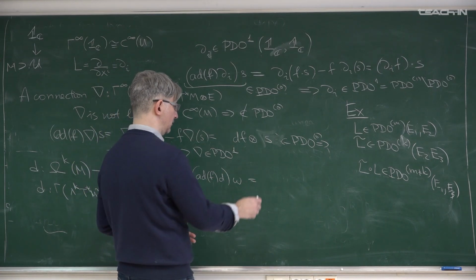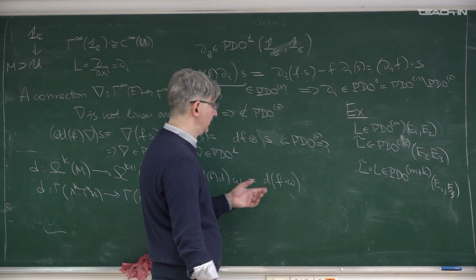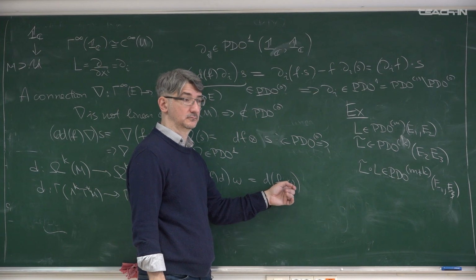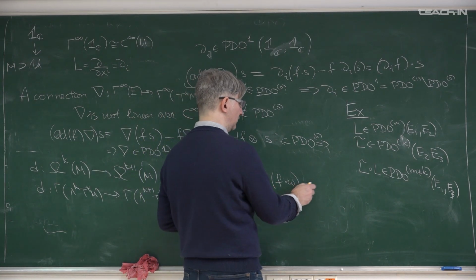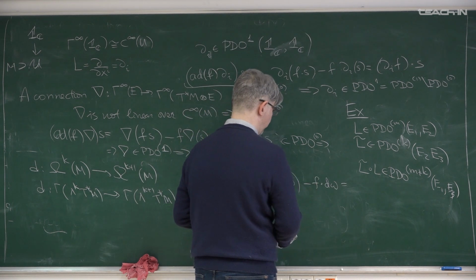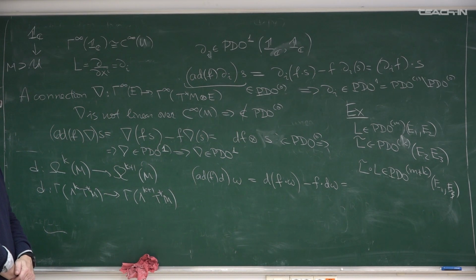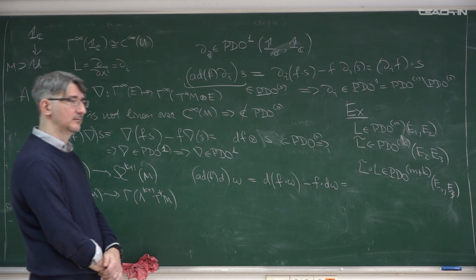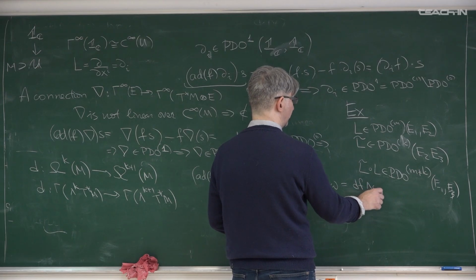By definition, it is the derivative of a function f multiplied by the differential form, since a differential form can be multiplied by a function, minus the function multiplied by the differential of omega. What about the sign?